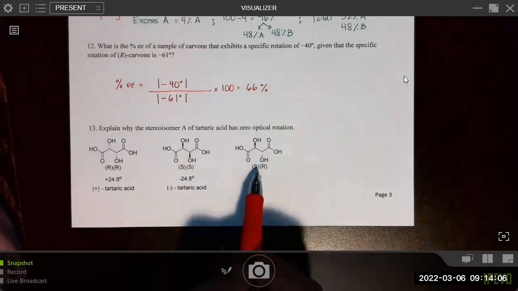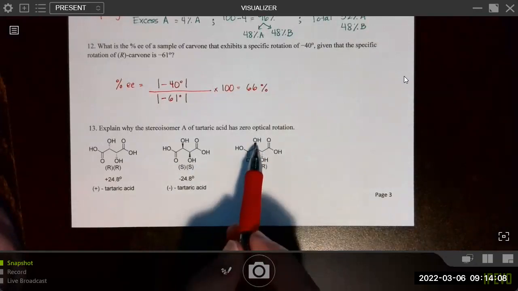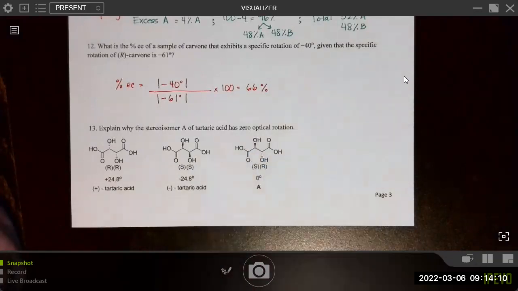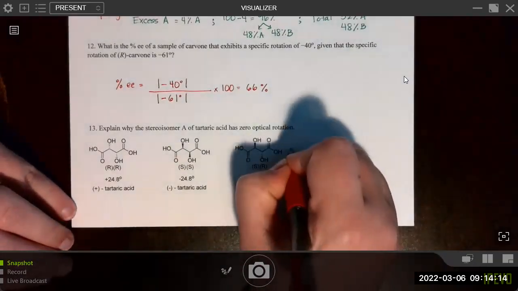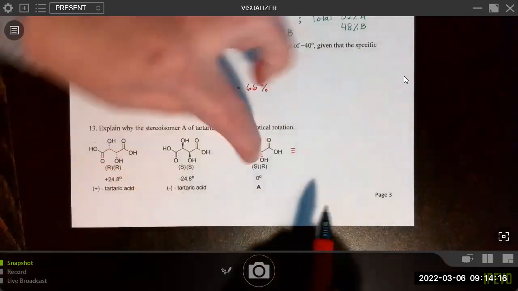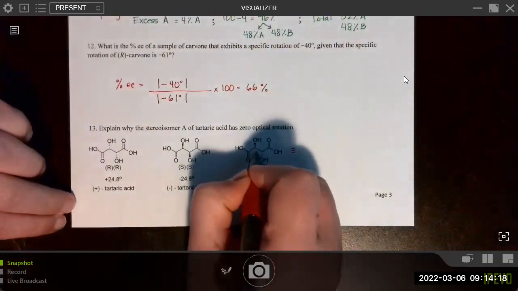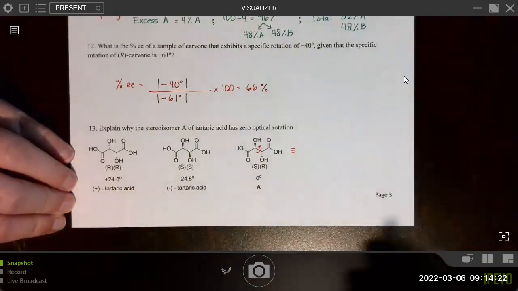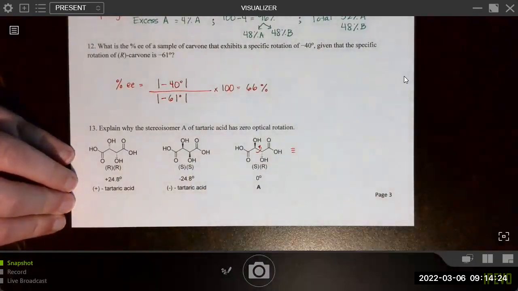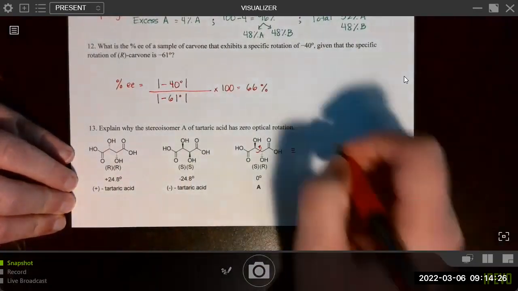And notice how it has opposite configurations with the same groups attached at each configuration. So if we were to actually flip this, sort of take half of the molecule, or rotate this central carbon-carbon bond, we'll be able to draw it in a way where we can find an internal plane of symmetry.